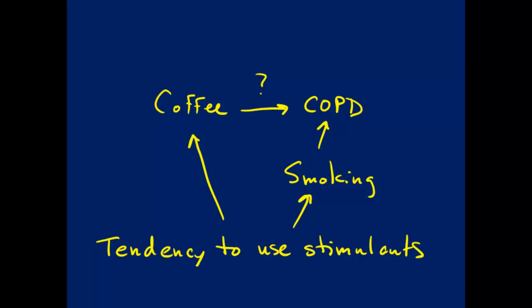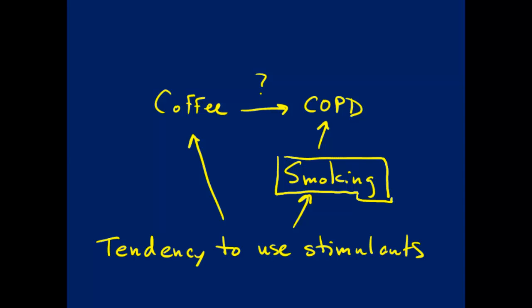In the previous video, we conditioned on smoking, which we indicate by putting a box around smoking. And we saw how conditioning on smoking removed the confounding bias between coffee drinking and COPD.